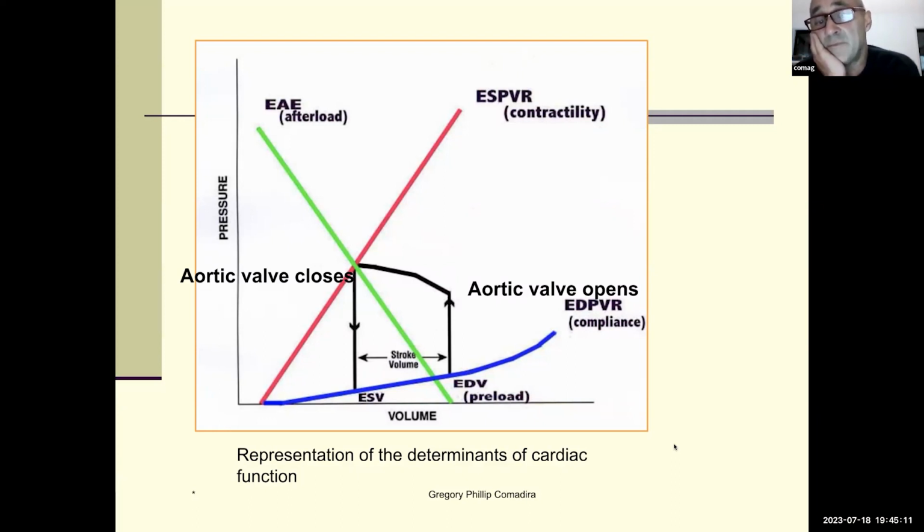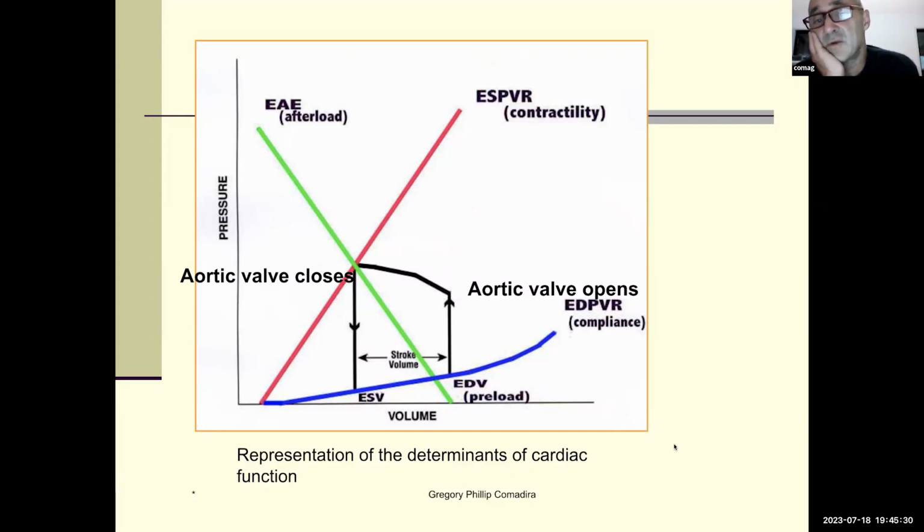And where it then tapers off is when the aortic valve opens in the left ventricle. And you will push blood out until you get to the green line, or afterload, you pump out against, in which case you can't pump anymore and it will relax.